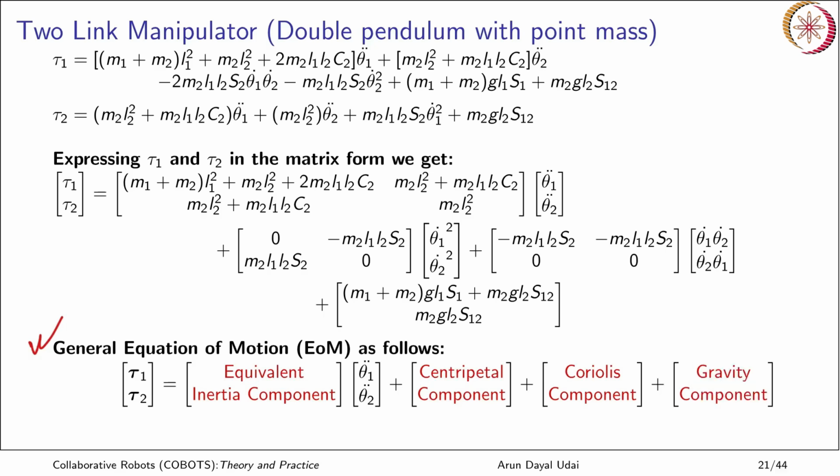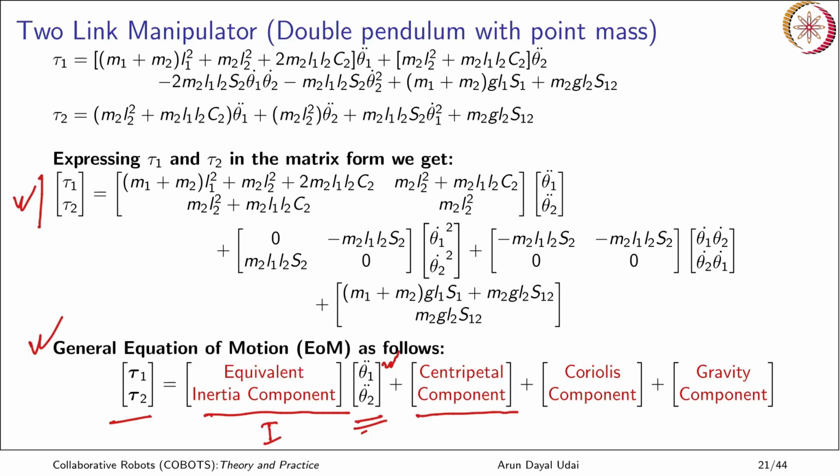The first term, tau 1 and tau 2, arises out of the equivalent inertia component. This is equivalent to the moment of inertia of the system at any instant of time, and inertia into acceleration. So these are the accelerations. The second term is the centripetal component.